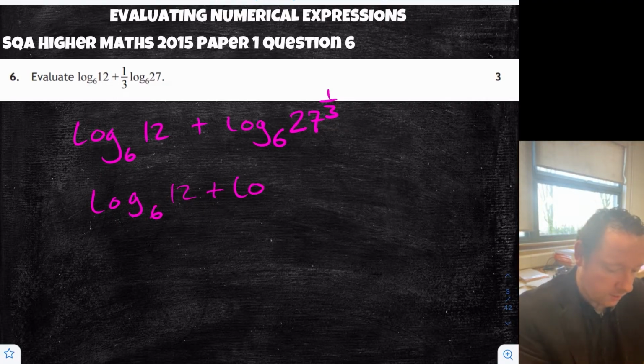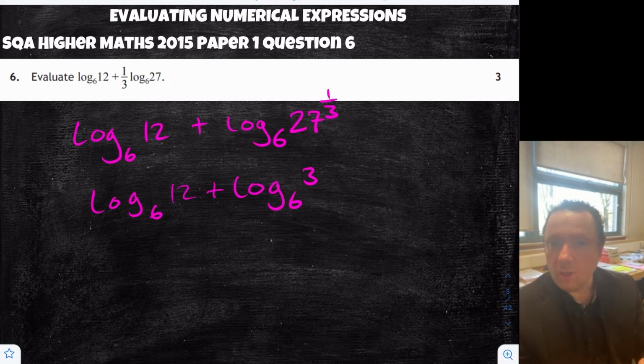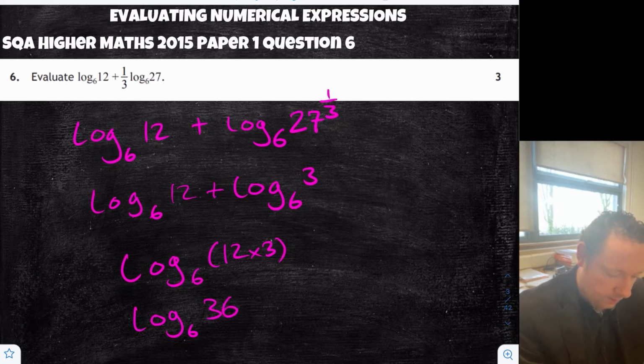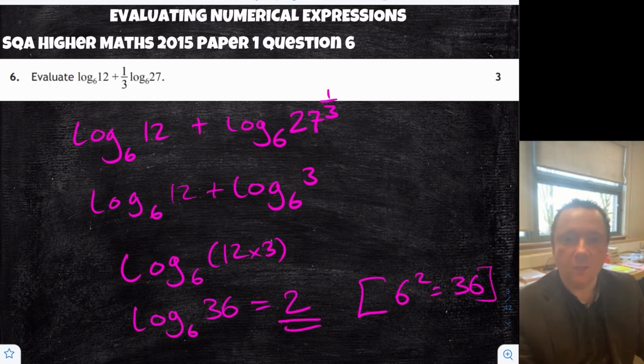So log base 6 of 3. And then adding logs means we can just turn it into one log and the numbers times together. So that's log base 6 of 12 times 3, that's log base 6 of 36, which is equal to 2. And that's because, remember, 6 squared equals 36. So 2 is our final answer, and we're done there.